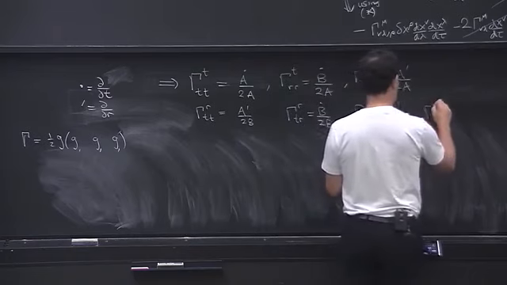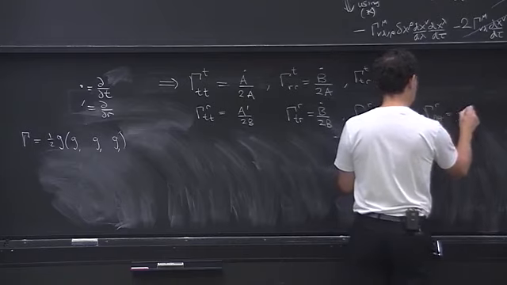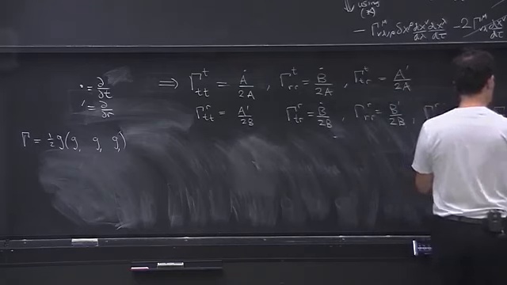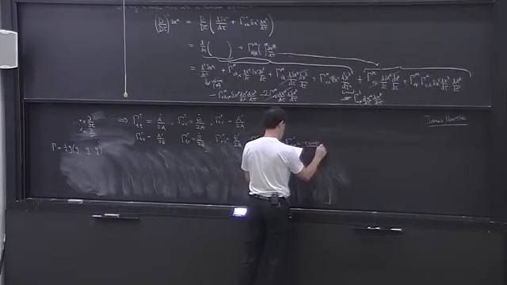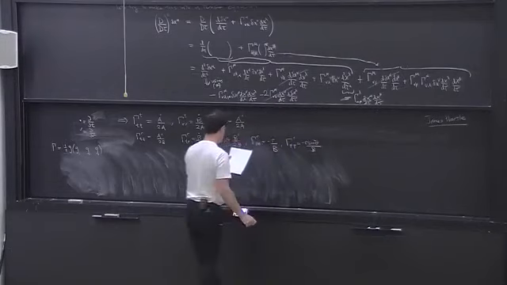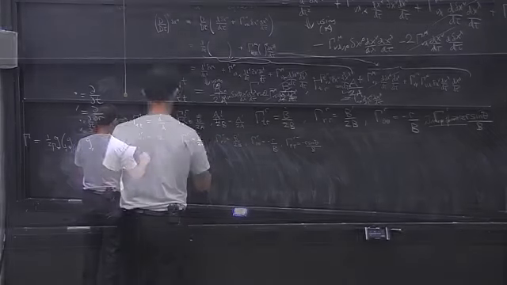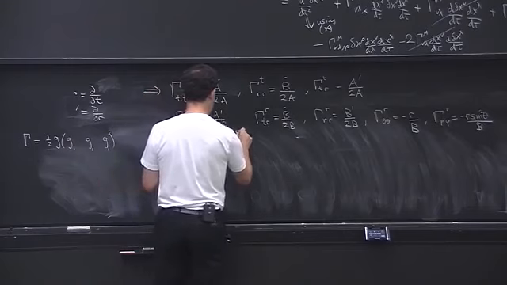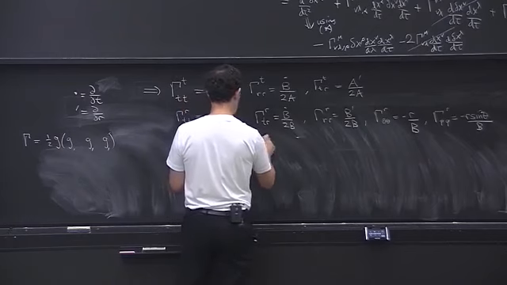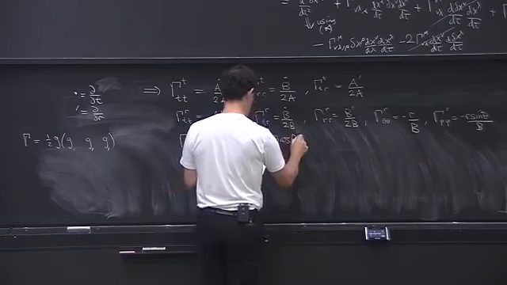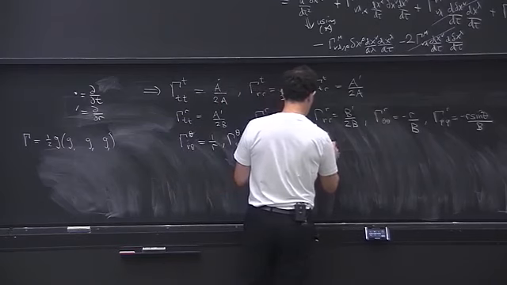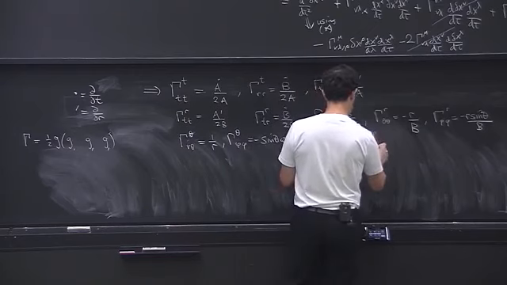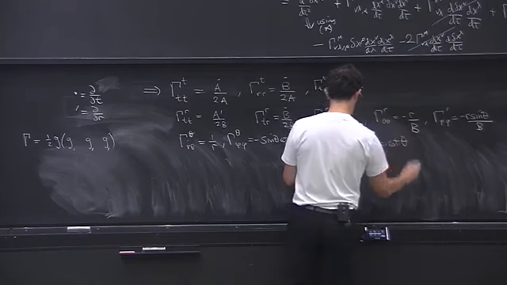So gamma r theta theta is minus r over b, gamma r phi phi equals minus r sine squared theta over b, gamma theta r theta is 1 over r, gamma theta phi phi equals minus sine theta cos theta, gamma phi r phi equals 1 over r, gamma phi theta phi equals cot theta.